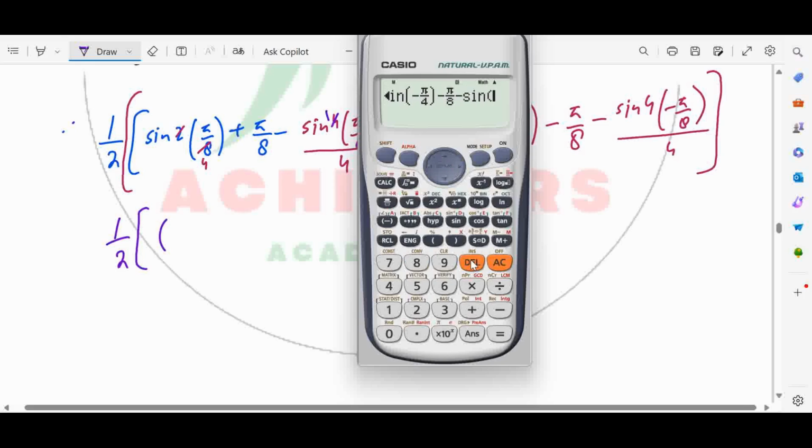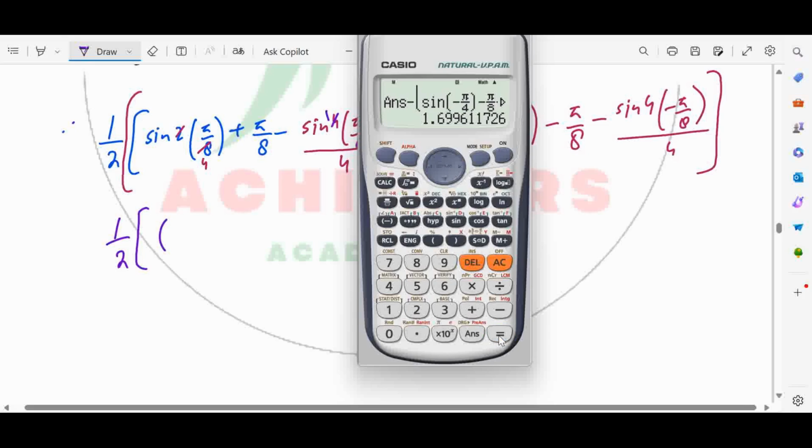Okay, we have to use fraction minus sine of minus pi by 2, minus pi by 2, whole divided by 4 and bracket close.